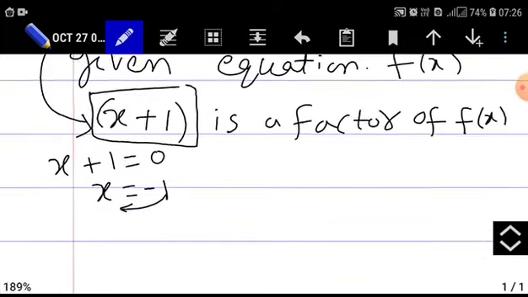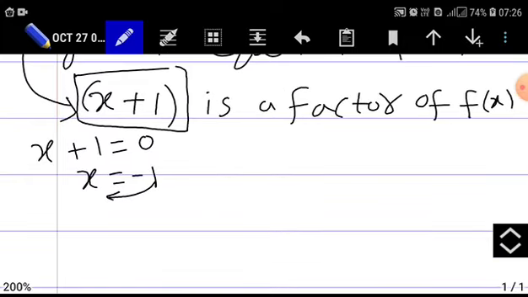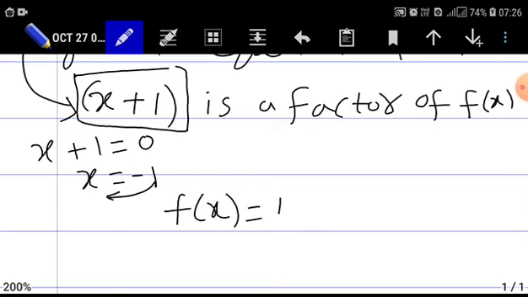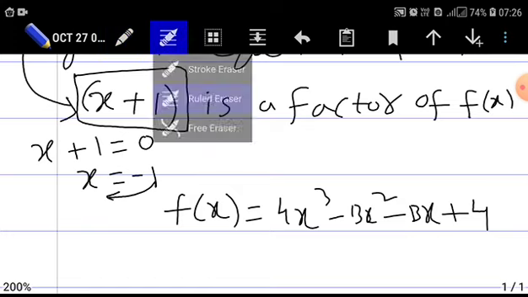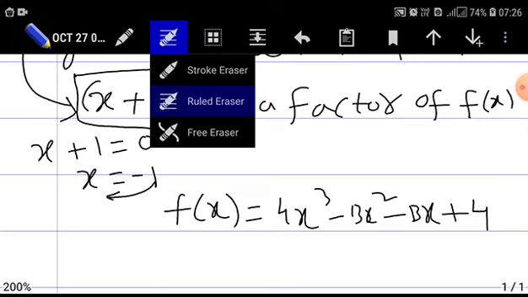Now we are going to use the division method, where we divide the given f of x, which is 4x cube minus 13x square minus 13x plus 4. This is the given equation.